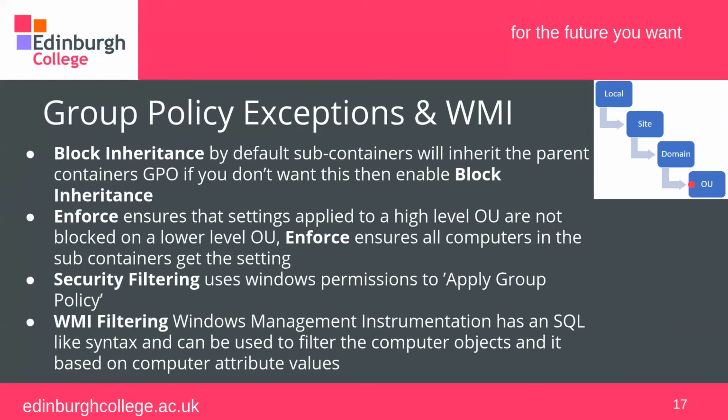There is something I can do to this OU down here, or here, or here, to say, don't inherit the objects from above the hierarchy. Don't inherit the group policy that's coming down this way. And that setting is called block inheritance. We can right click on a container inside the group policy management console and say block inheritance.